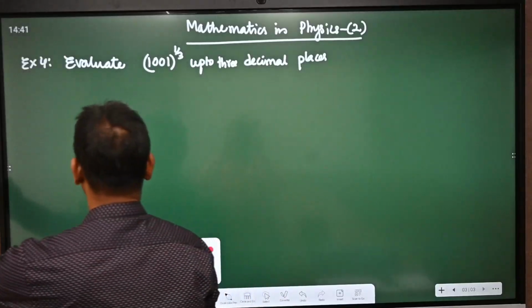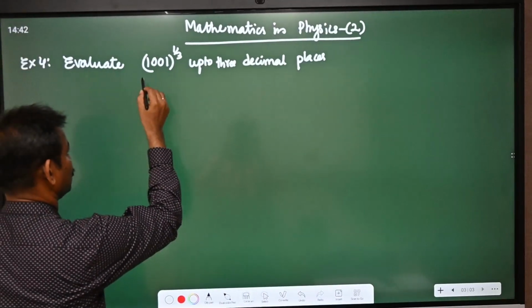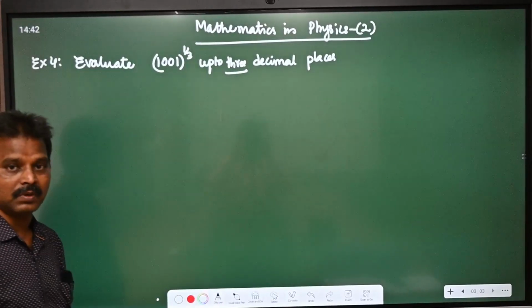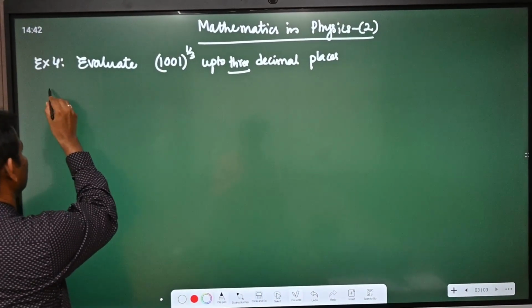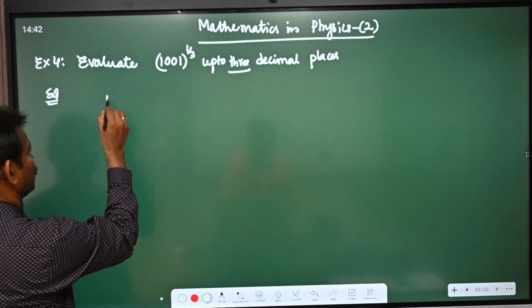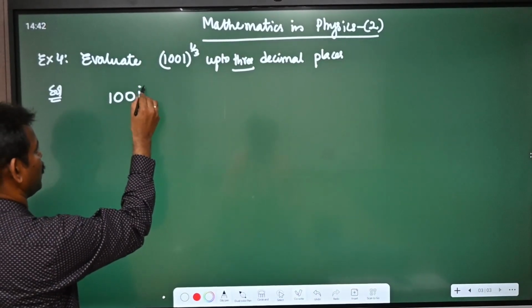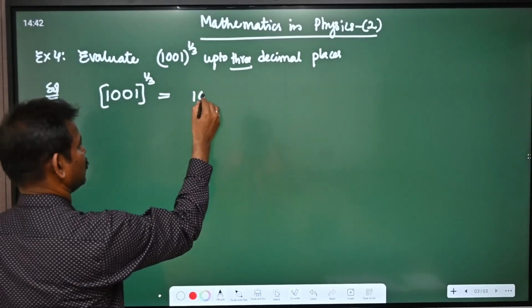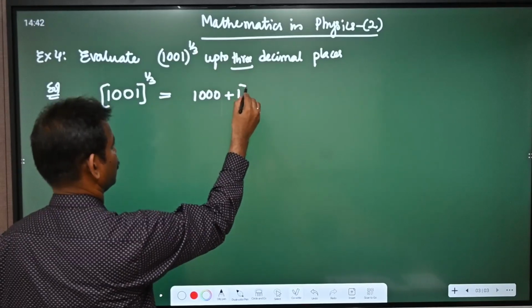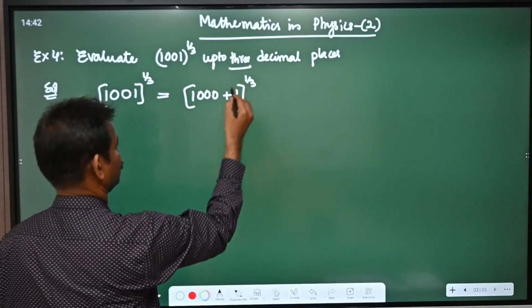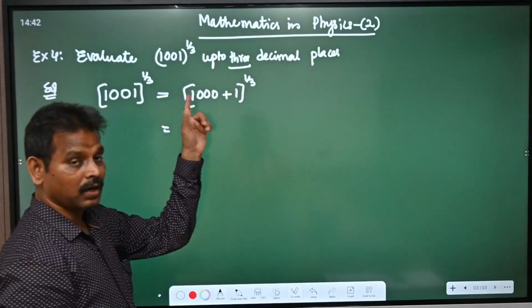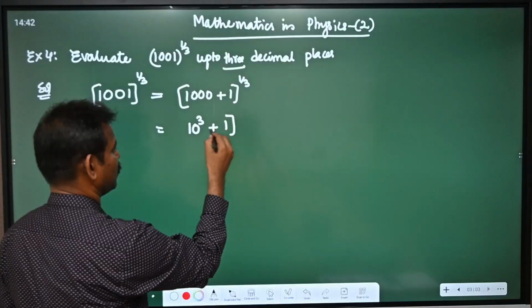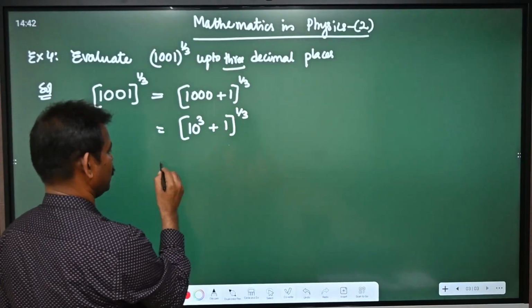Fourth problem, evaluate (1001)^(1/3) up to 3 decimal places. If you observe the question clearly, the given value (1001)^(1/3) can be written as (1000 + 1)^(1/3). This 1000 can also be written as (10³ + 1)^(1/3).